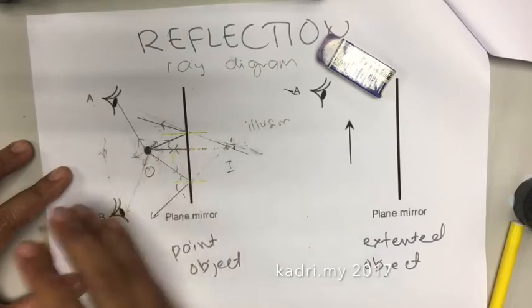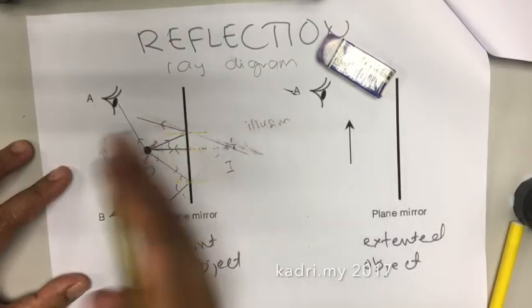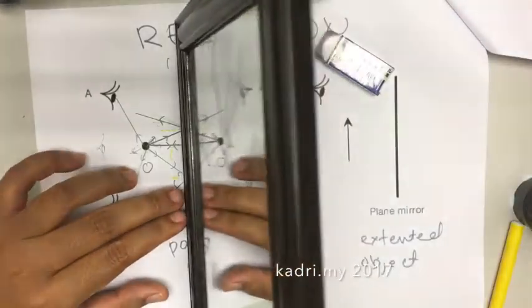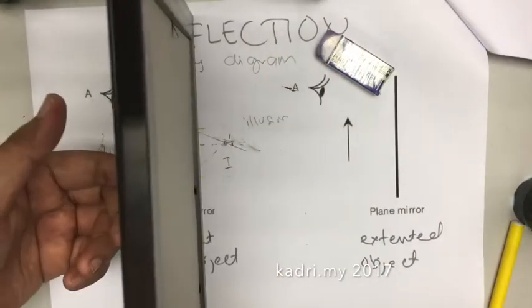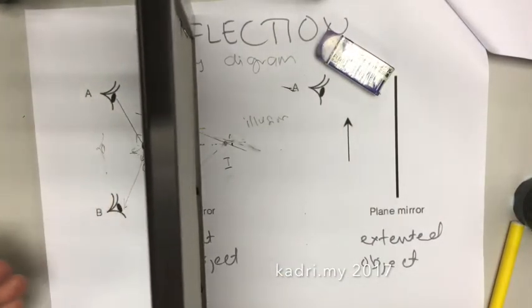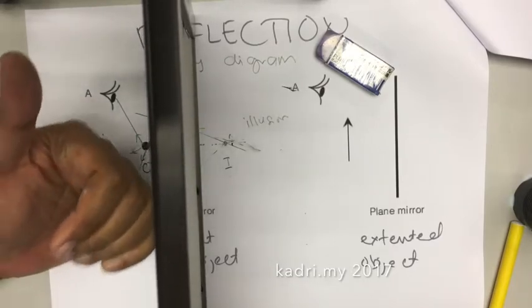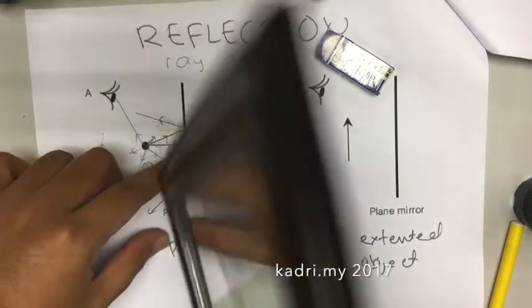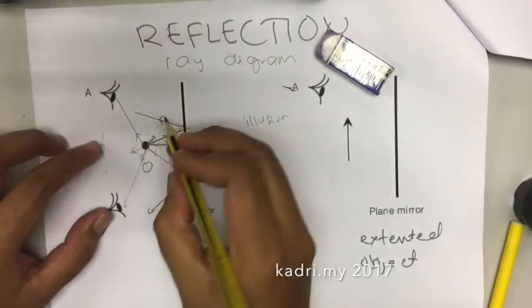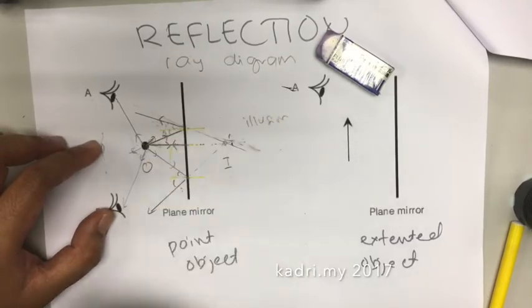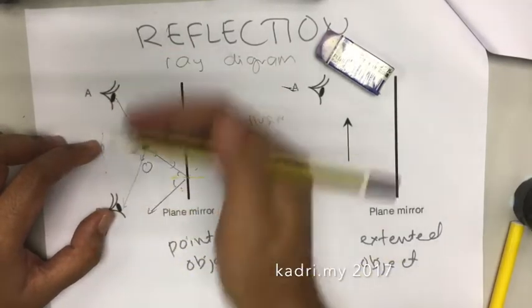So we can see that we will see the same thing behind the mirror because our eye extrapolates that, so that we can see the same thing. So light hits the mirror and is reflected back to our eye. Because of the law of reflection, the incident angle is equal to the reflected angle. So the law of reflection still applies.